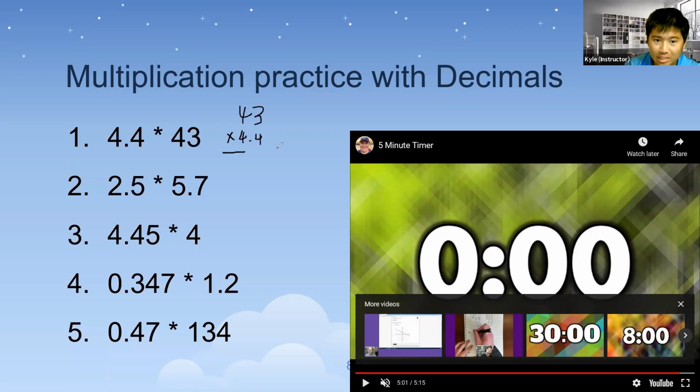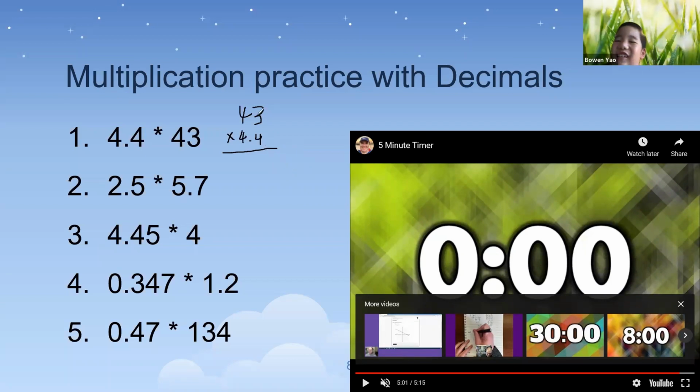Does anyone want to explain how they did the first question? Sure, go ahead. What I did is I just took out the decimal place and noted that there's one number after the decimal place, so I write a one on the side so I know how many decimal places I need, and then just do 43 times 44.